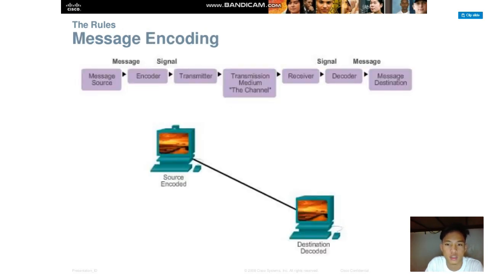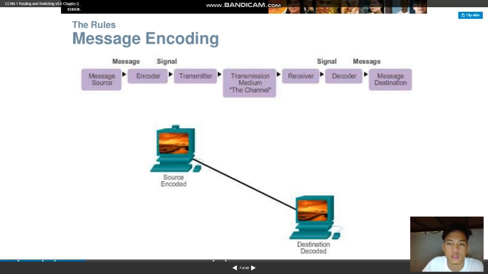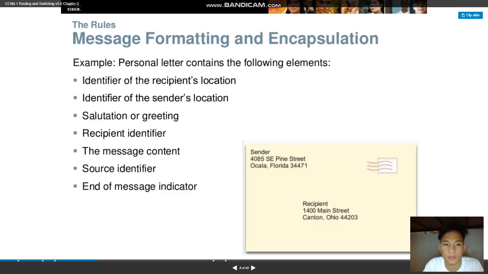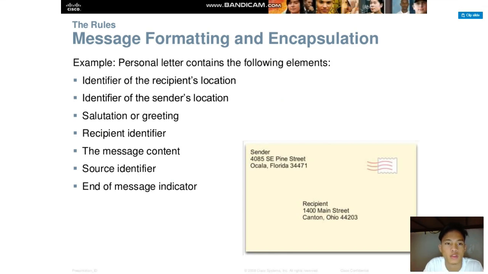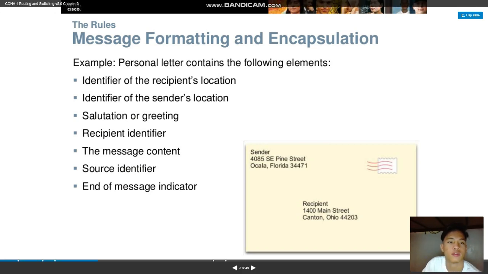So this is the illustration of message encoding. As you can see, these are the process of the message which is being encoded. So message formatting and encapsulation. This is the explanation of the encapsulation of a message.